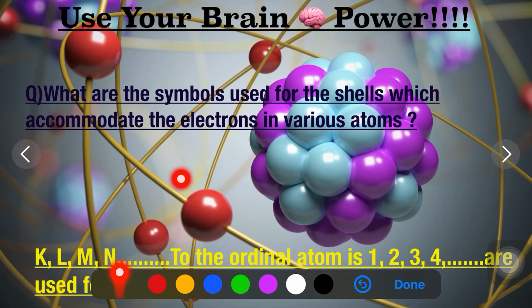Students, valency is determined by the number of electrons present in the outermost shell. Therefore, the outermost shell is called the valence shell. Also, the electrons in the outermost shell are called valence electrons.